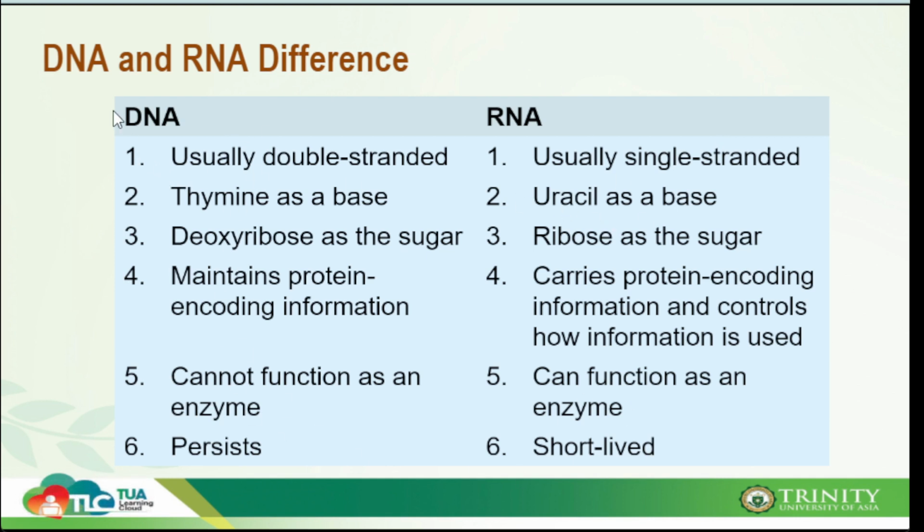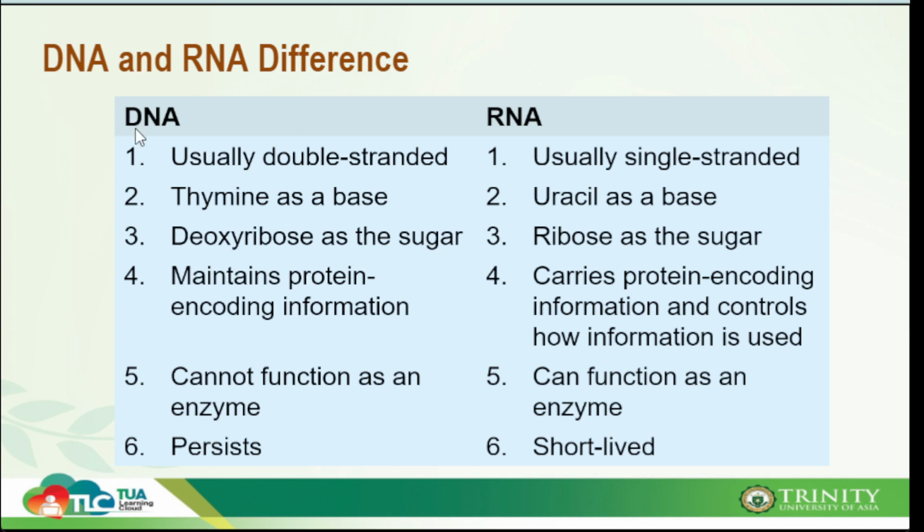So, DNA is a double-stranded structure, while RNA is usually single-stranded. DNA has thymine, and in RNA, thymine is replaced by uracil. The sugar of DNA is deoxyribose. It does not have oxygen in the second carbon, while RNA has ribose as a sugar.